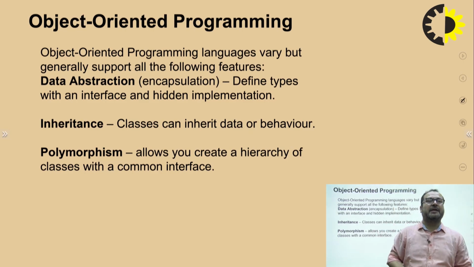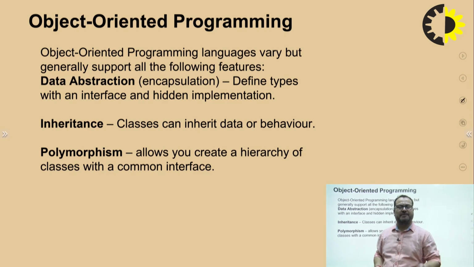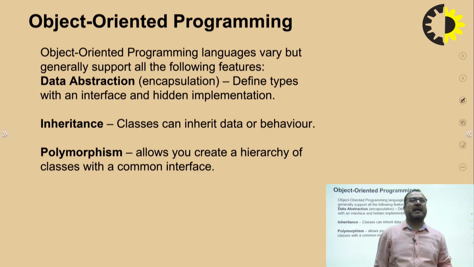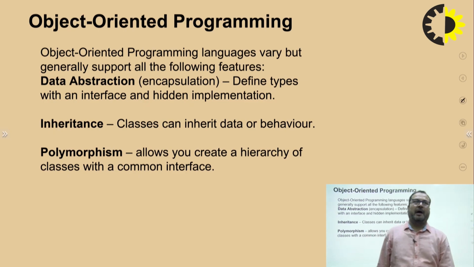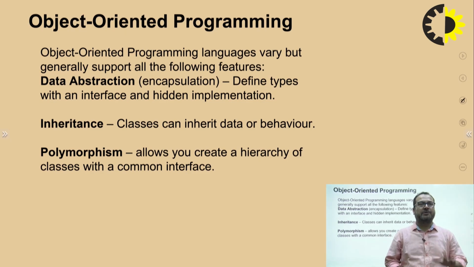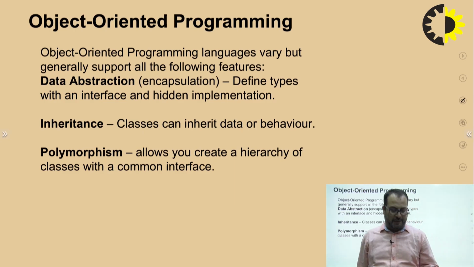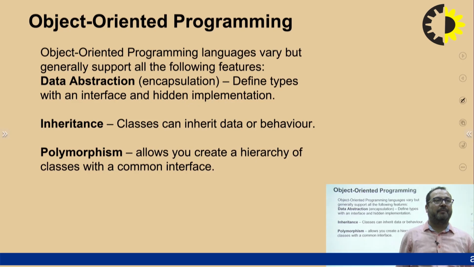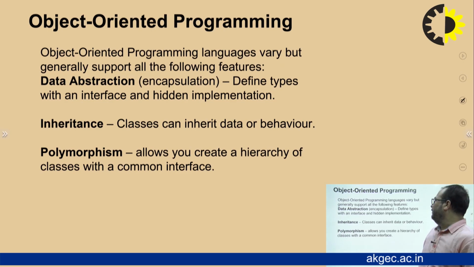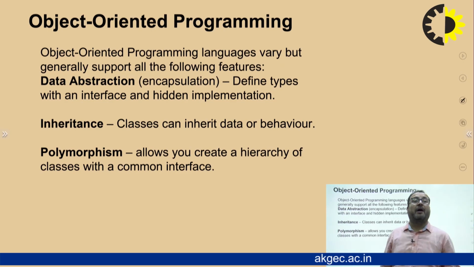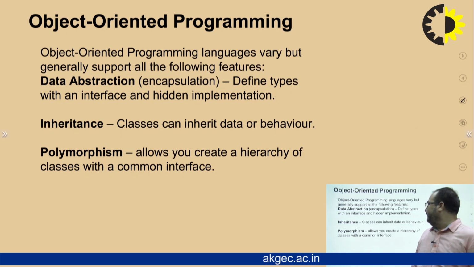This new class is sometimes called a subclass or derived class, and the existing class is called the base class or superclass. How the properties and behavior are inherited, we will see. Then we have polymorphism, which allows you to create a hierarchy of classes with a common interface.